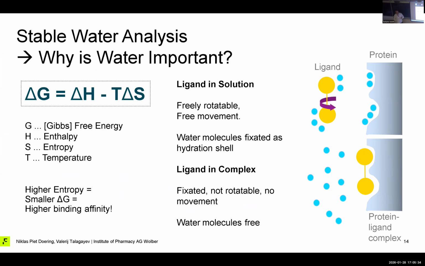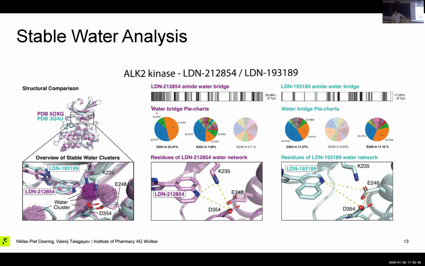And how do we find out which waters can be replaced? We can look at the binding pocket and see which waters are trapped within it. This can be done with our stable water analysis, which gives us water clusters in the end, showing us if a water molecule moves less than a specified amount between specific frames, and then gives us specific clusters of this water molecule.